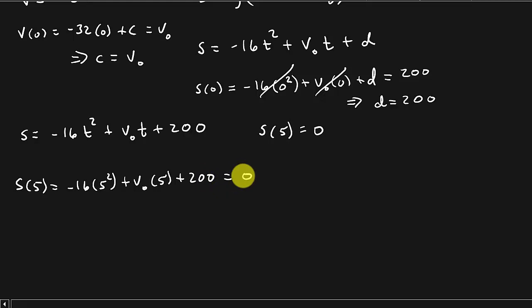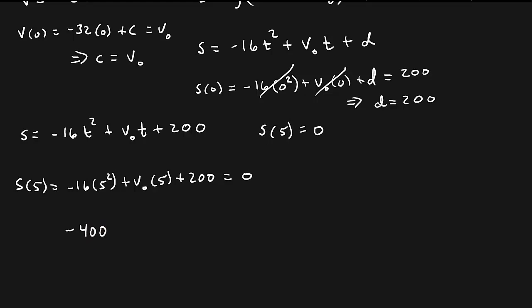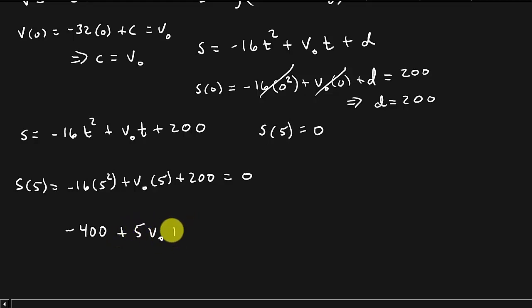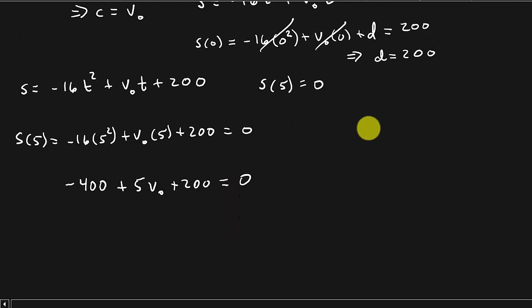And so let's see what that gives us. 25 times 16 is 400. So this right here is negative 400 plus 5 V0 plus 200 equals 0.